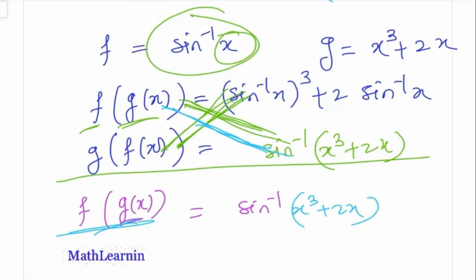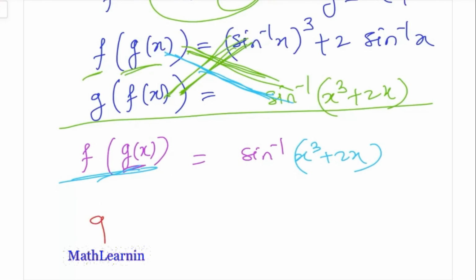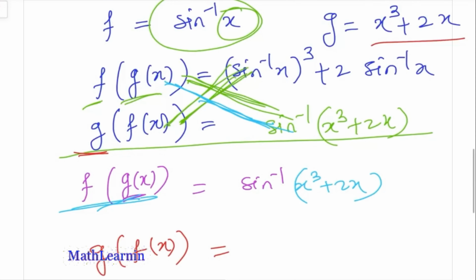Now the other one is g of f of x. So what is my g? My g is this, x cube plus 2x, but inside that you have to write f. So f is sin inverse. So instead of this variable I will be writing sin inverse x.